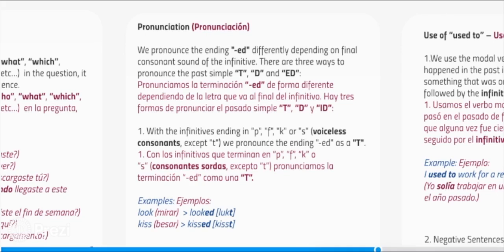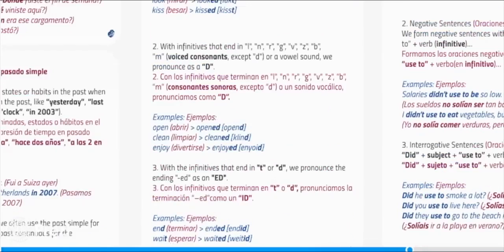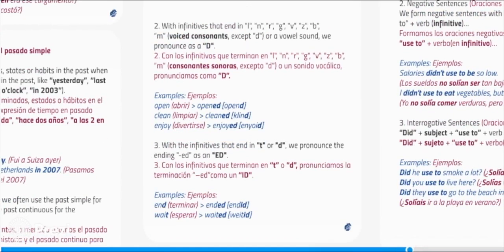2. With infinitives that end in L, N, R, G, V, Z, B, M, voiced consonants except D, or a vowel sound, we pronounce it as a D. Examples: open, opened; clean, cleaned; enjoy, enjoyed. 3.